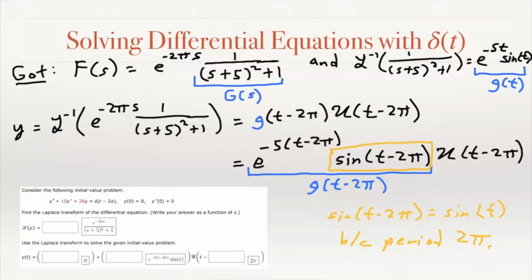And in this case, there is nothing over here. It's just something times u of something. So what you do then is you just put a 0 there. So indeed, you can see that this is what we got there and how we could input it. And that was our big F of s, our Laplace transform of y right there.